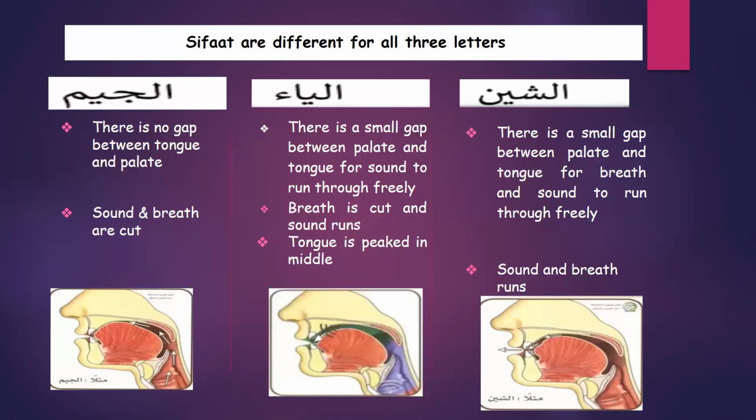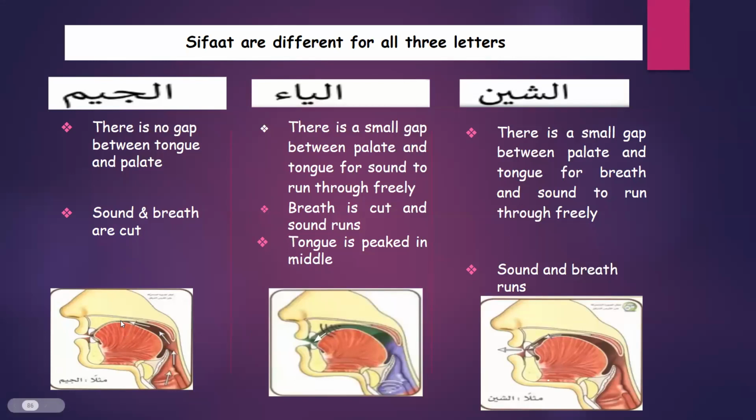We will learn the difference between these three letters. For the letter jim, there is no gap between the tongue and the palate, as you can see in the picture. The sound and the breath are cut.